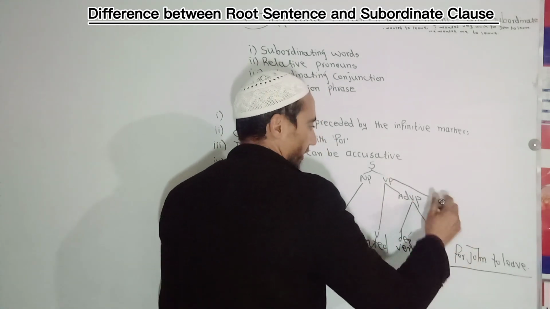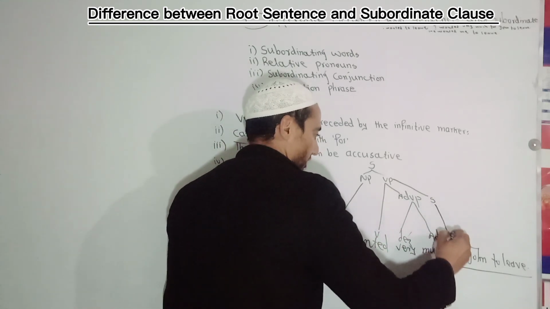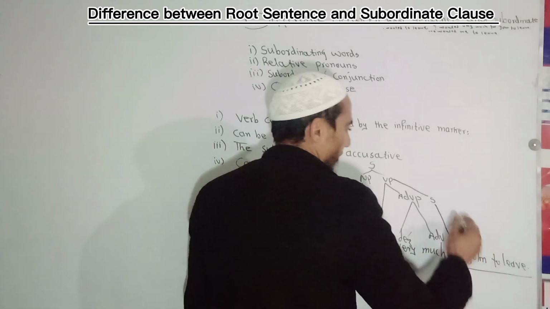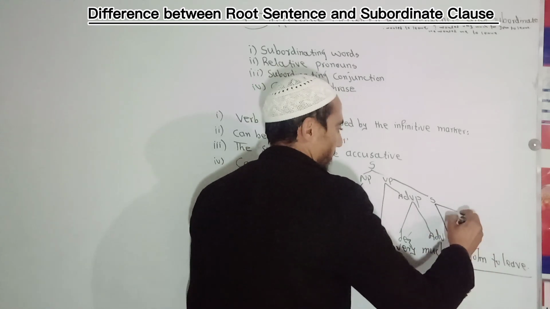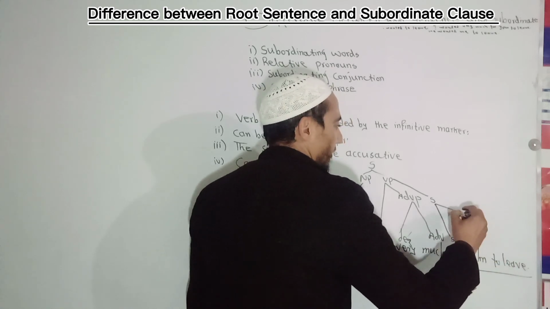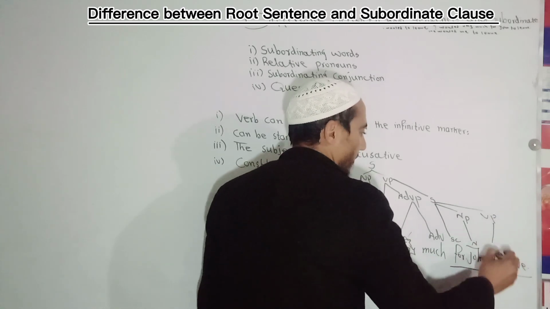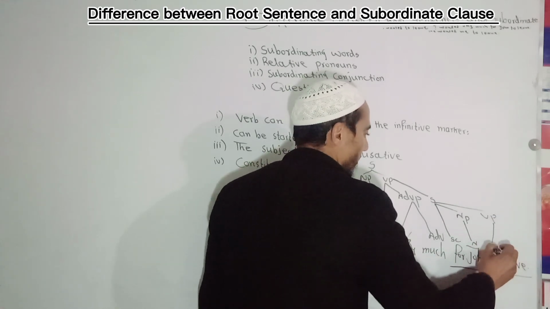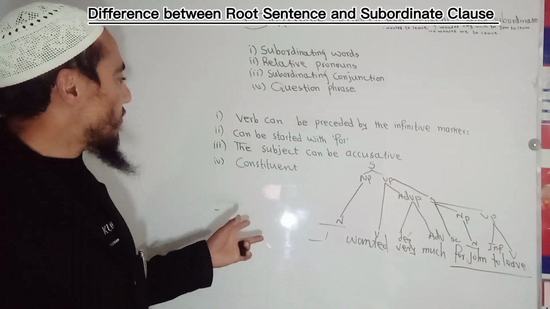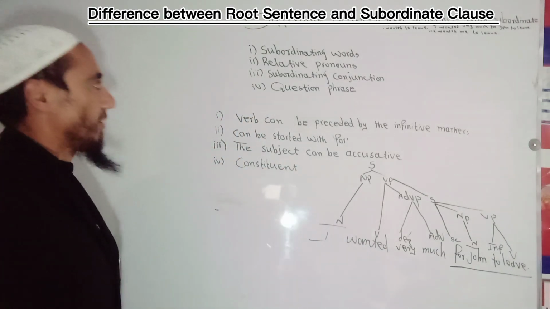Now "for" starts the subordinate clause, SC. Then "John" is NP, that is N, and then from the VP we have the infinitive, which is "to," and we also have "live," that is the verb. This is the structure of this sentence: I wanted very much for John to live.